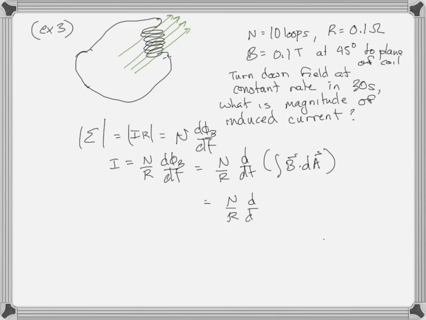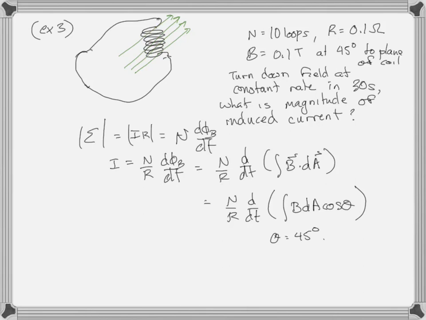So we've got d/dt of the integral of B dA times the cosine of theta, where theta is 45 degrees. That's 45 degrees between B and A. That's been given. But now B is constant over the area, right? You've got to be careful.